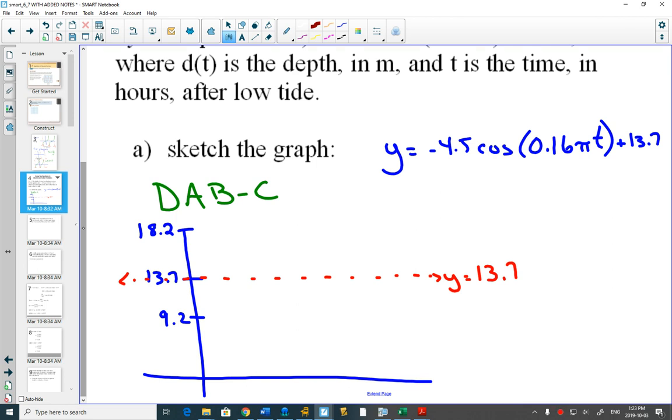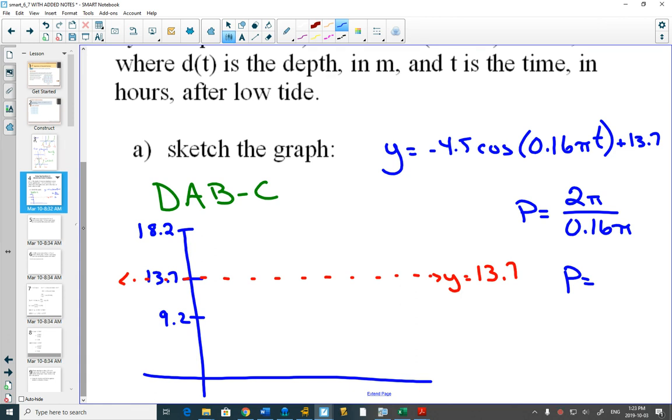My b value is 0.16 pi, which isn't a very nice looking number, but I can find out what my period is because my period is always 2 pi divided by my b value. This would be a calculator question because of those numbers.